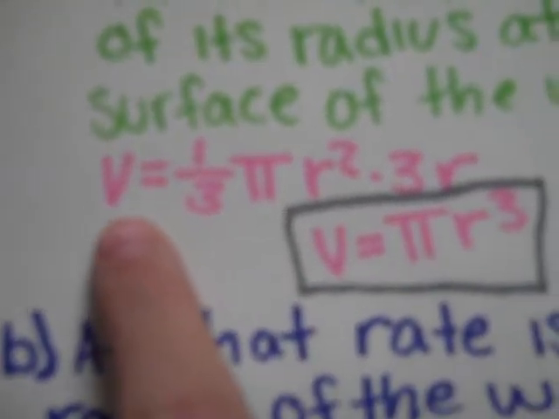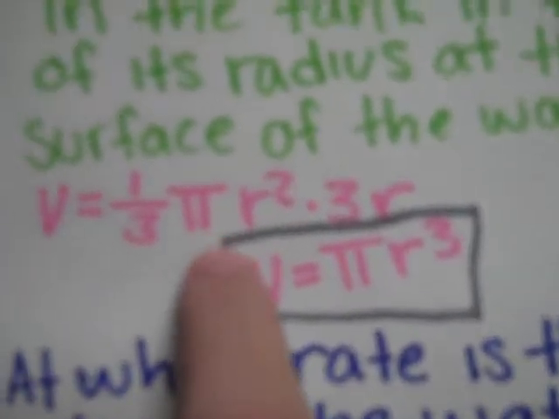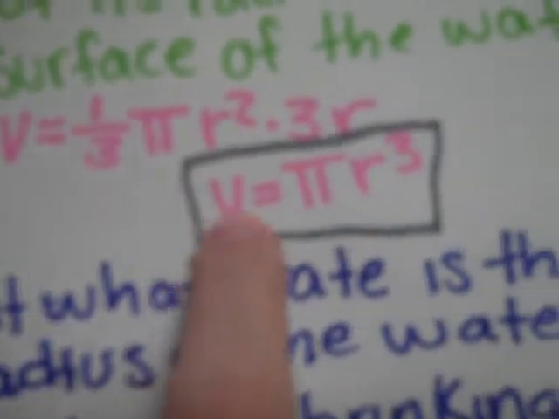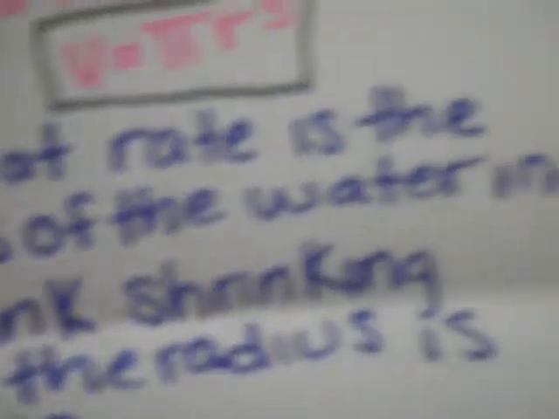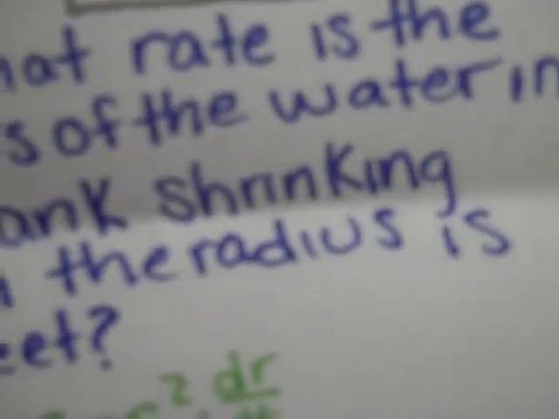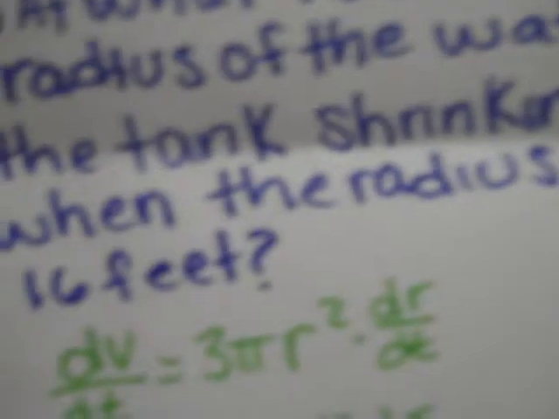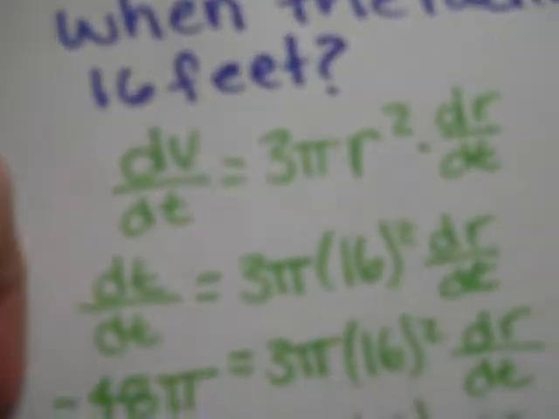So for A, it's V equals 1/3 π r squared times 3r. V equals π r cubed, simplified. B, at what rate is the radius of the water in the tank shrinking when the radius is 16 feet?